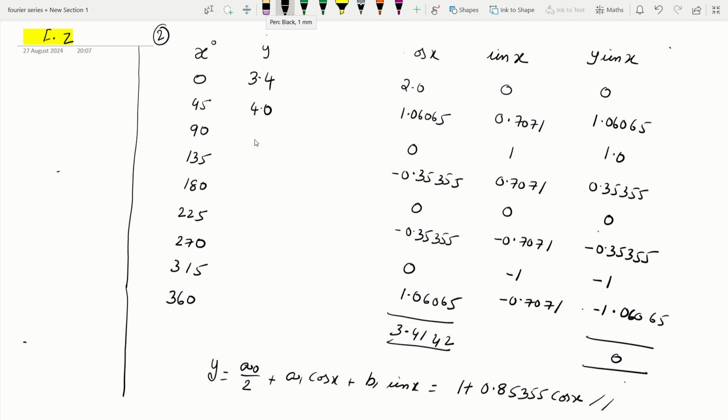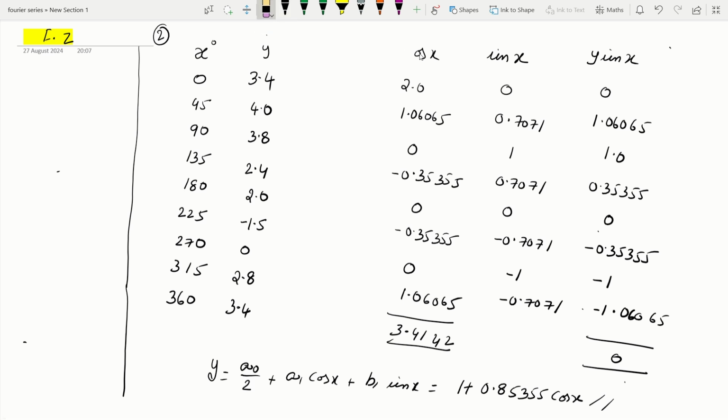And 90 degrees 3.8, at 135 2.4, at 180 2.0, and at 225 minus 1.5, and at 270 it is 0, and at 315 it is 2.8, and at 360 it is 3.4. I think you understood why I added 0 to the given problem. I just changed the given problem, that's all, by adding 0.